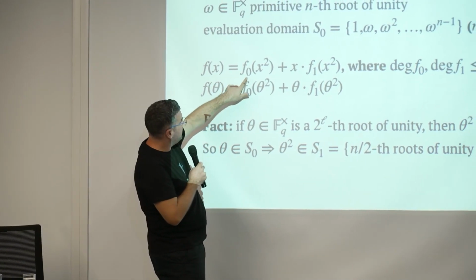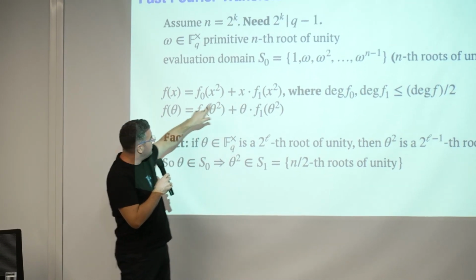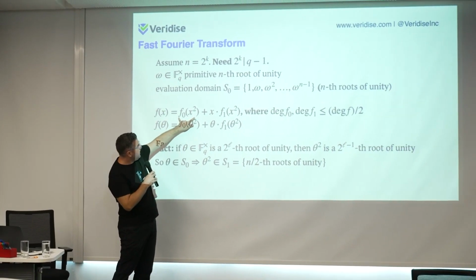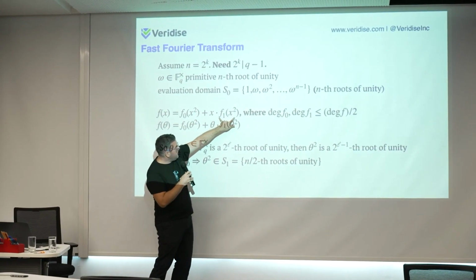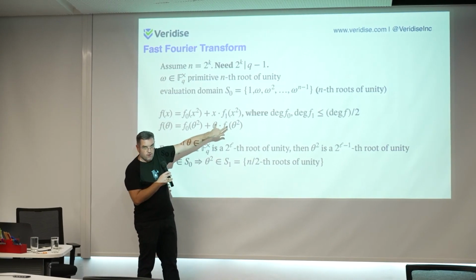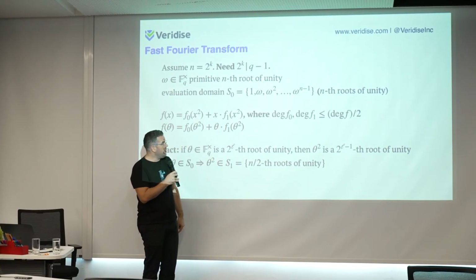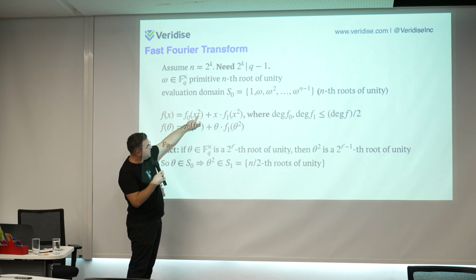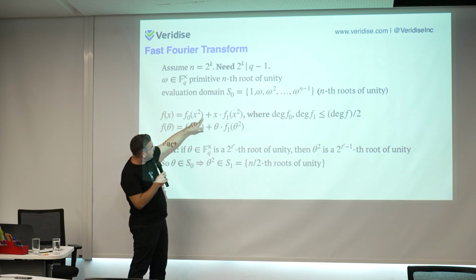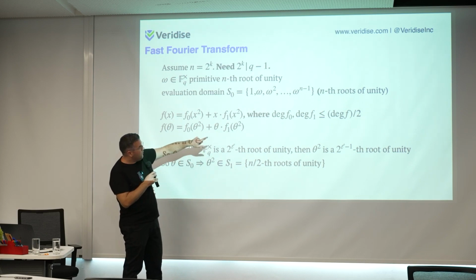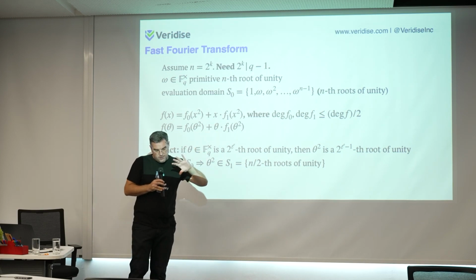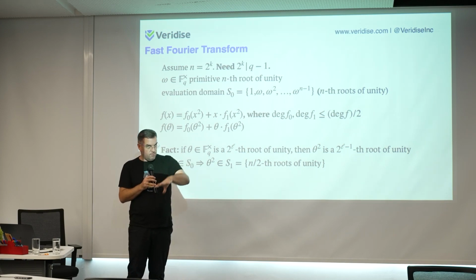So this f0 and f1 will be polynomials defined by f, and this will just give you the even terms. This will give you, again, even terms with the x here, it will give you odd terms. And then the nice thing is, because of this x squared term that you have inside here, the degree of each of these polynomials, f0 and f1, will be at most half the degree of f. So we wanted to evaluate our polynomial at points.